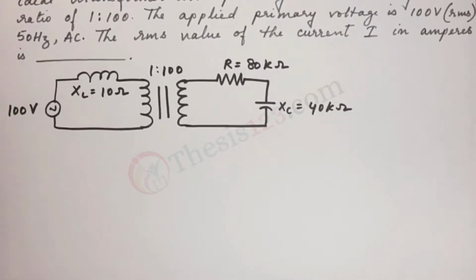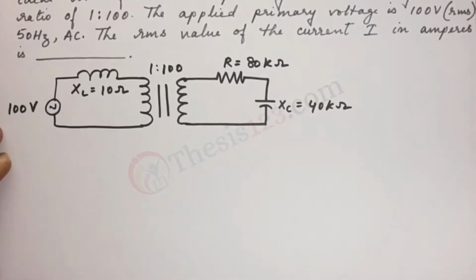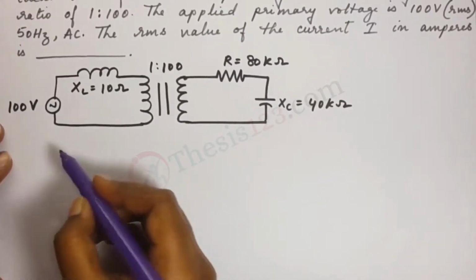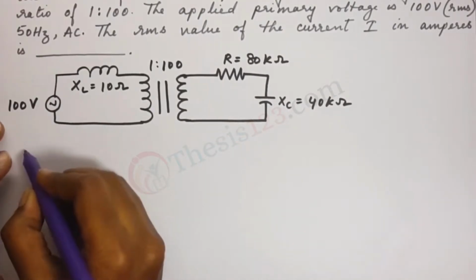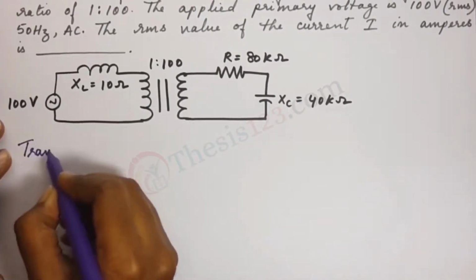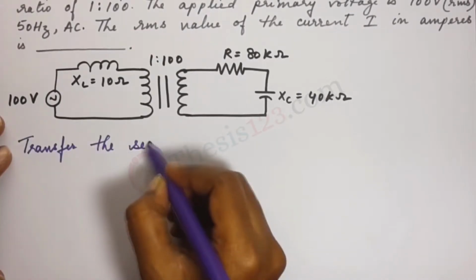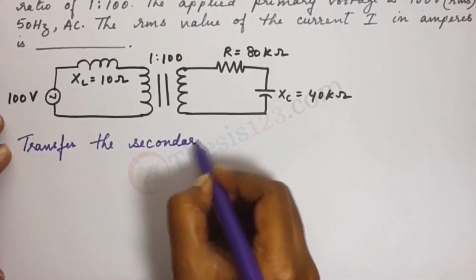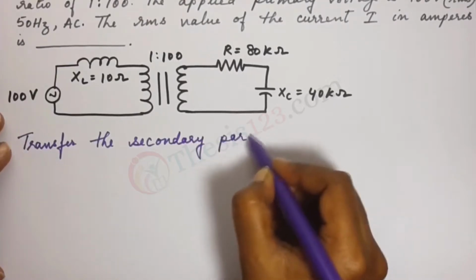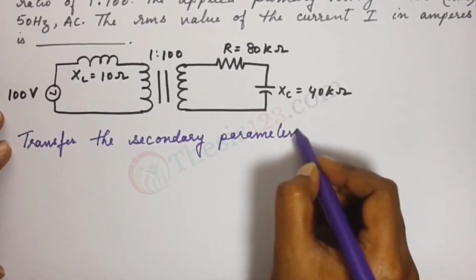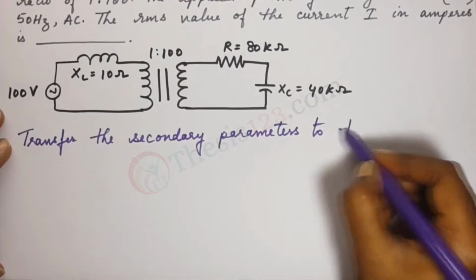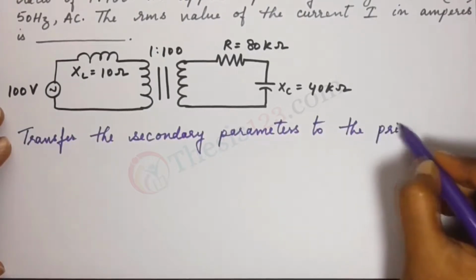While doing so, we will be able to find the RMS value of the current. So first, let's transfer the secondary parameters to the primary side.